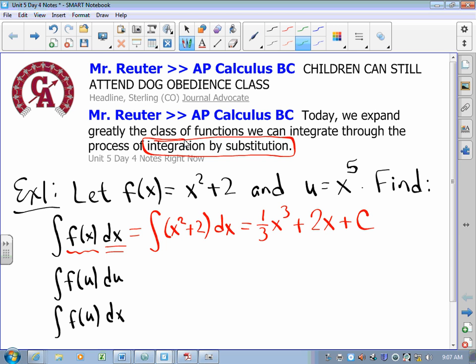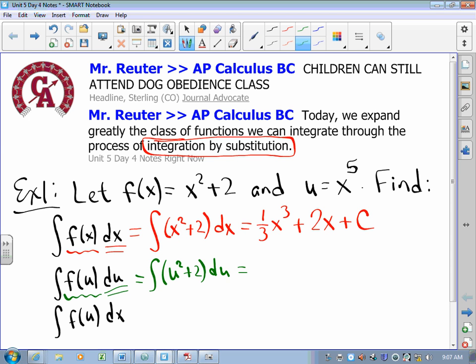In the second problem, the differential is du, which means we're taking an integral with respect to u. U is the variable, and our function is a function of u. So what is f of u? That's u squared plus 2.